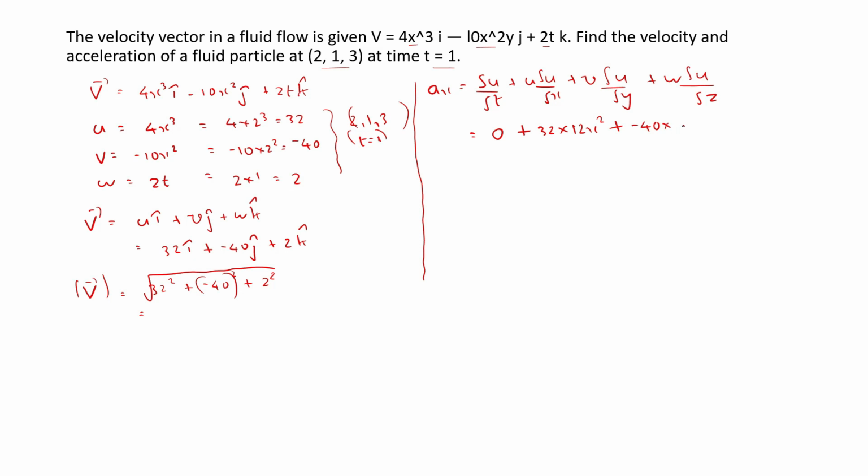So dou u by dou y is 0 because it doesn't have any y component, and w is 2, and dou u by dou z will again be 0. So this is equal to 32 into 12 into, here x is 2 square, so it's equal to 32 into 12 into 4, that is equal to 32 into 48.